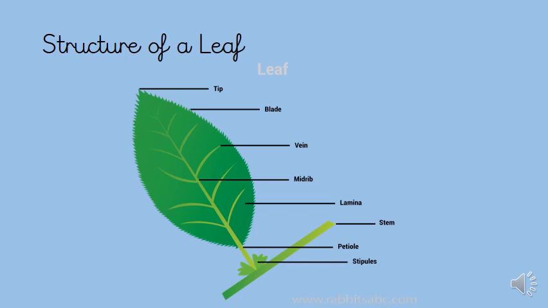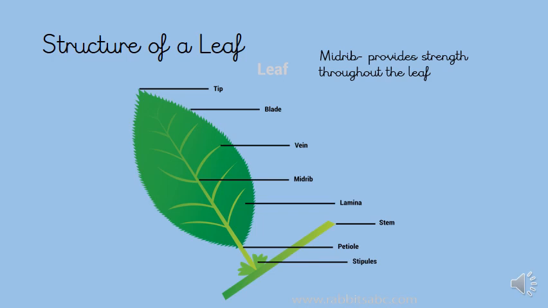Let's have a look at the structure of a leaf. On the screen you can see a picture of a leaf and it's been labelled with all the different parts. All leaves have the same basic structure. They have a midrib, which is the middle part of the leaf. They have an edge, they have veins, and they have a petiole, which is down at the bottom of the leaf.